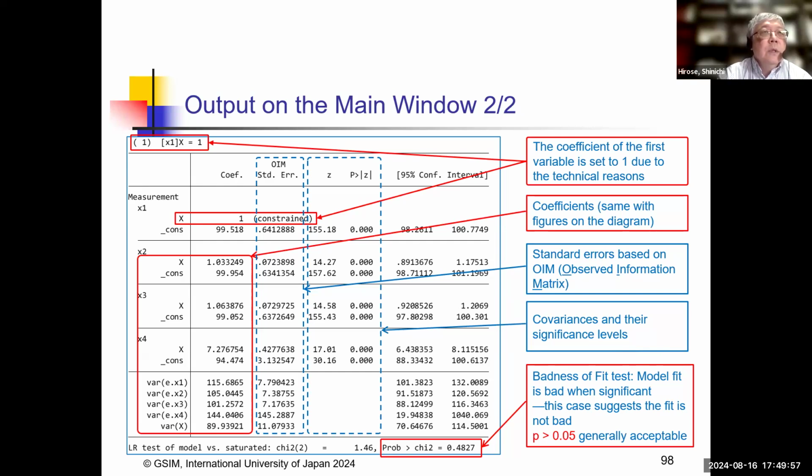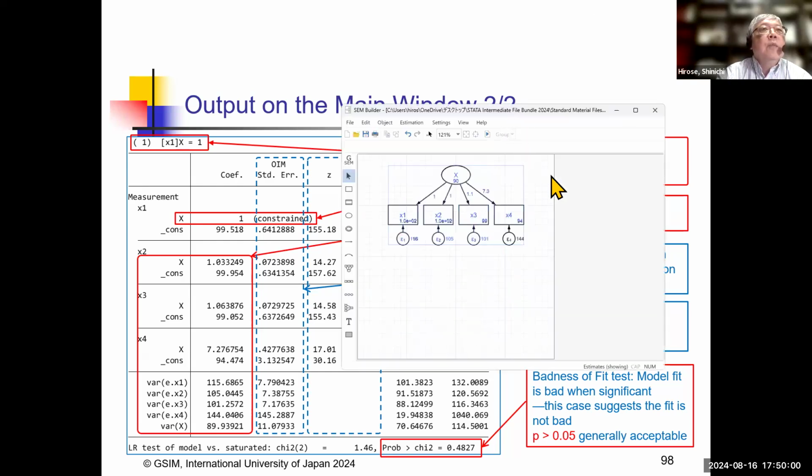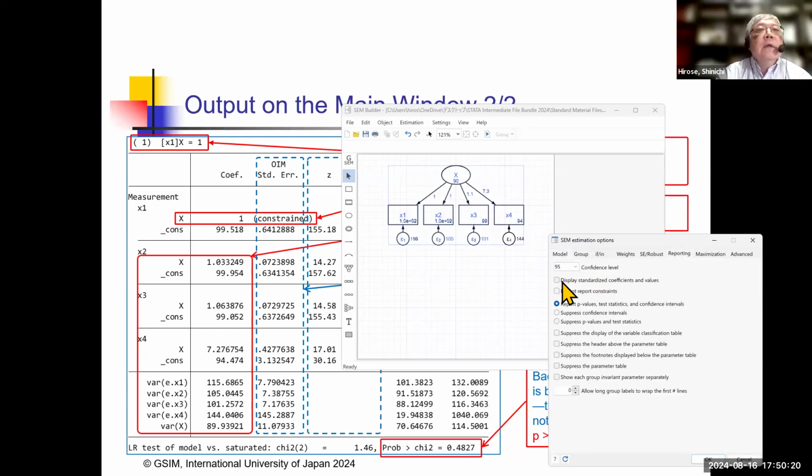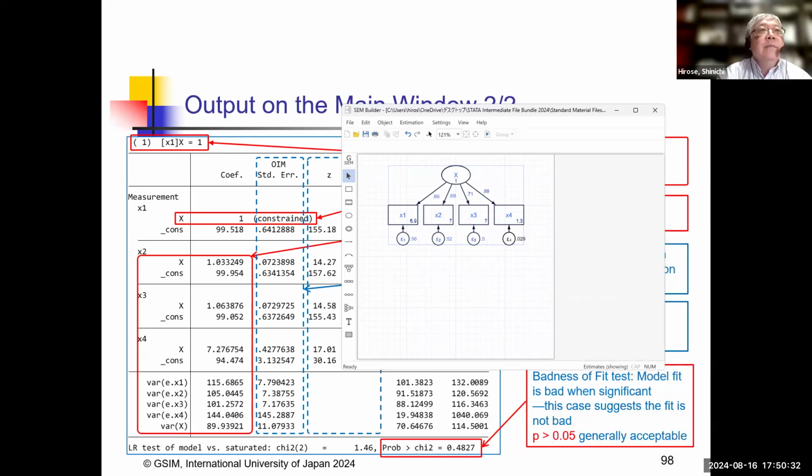To do so, please come up with this diagram and click execute once more to come up with this dialog, and click on reporting. Then put the check mark on display standardized coefficient and the variables and click OK. Then the recalculation will be done and the numbers will come up like this.